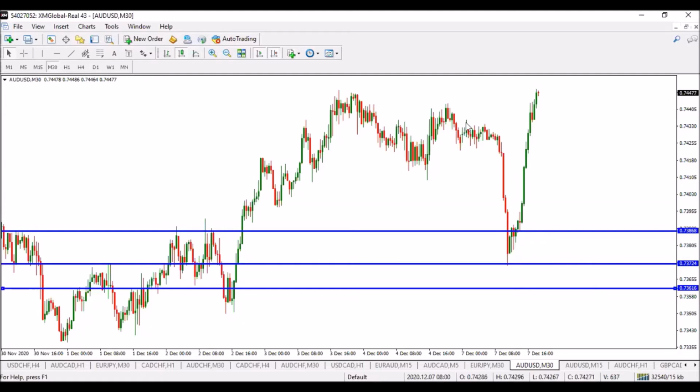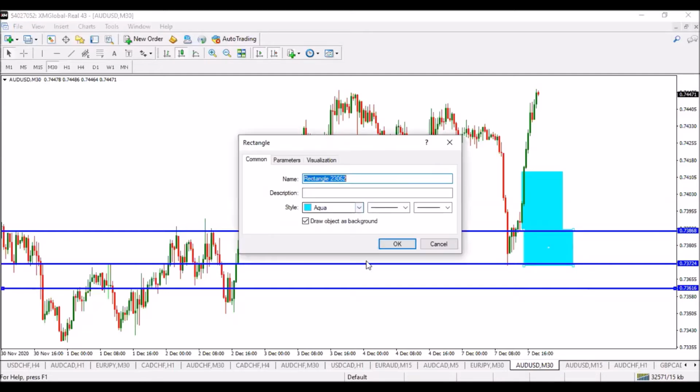Your TP will be 15 to 20 pips above, and if it triggers here, your TP will be 15 to 20 pips below. So your risk is still intact. As you can see, this one would have gone straight up as soon as the news was released.